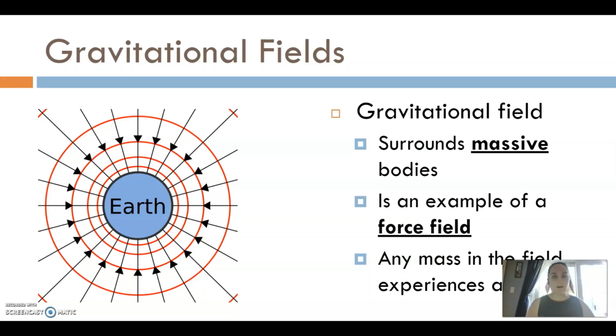If we're looking at the force of gravity, or our weight, these gravitational field lines represent g, the acceleration due to gravity. That is the strength of our gravitational field: 10 meters per second squared downward. And because we are a mass within this field, we are experiencing the force of gravity.